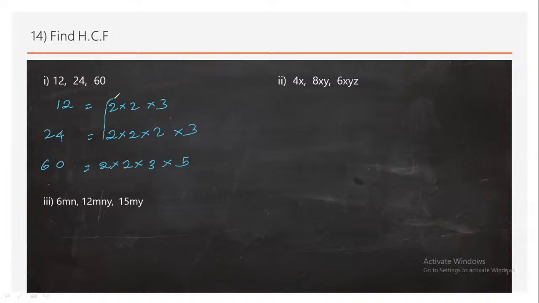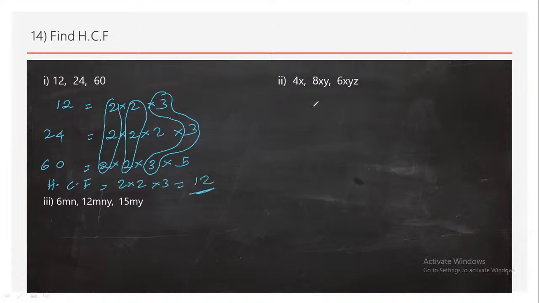So what is the HCF here? 2 is common, and this 2 also common, and this 3 also common. So HCF equals 2 into 2 into 3, 2 times 2, 4 times 3, 12.